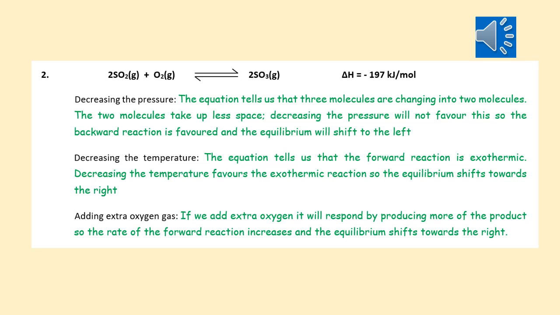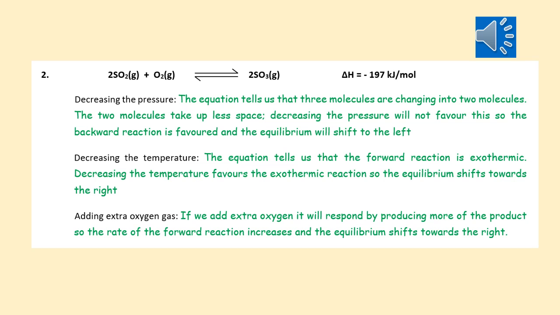The triangle H, the delta H, is minus 197 kilojoules per mole, which tells me that that reaction as it stands from left to right is exothermic, because that delta H is a negative number. So we're being asked what will happen to the position of the equilibrium if we decrease the pressure.